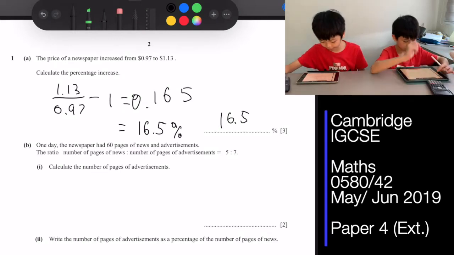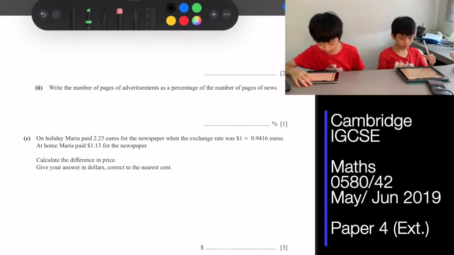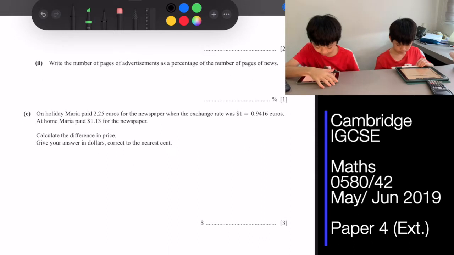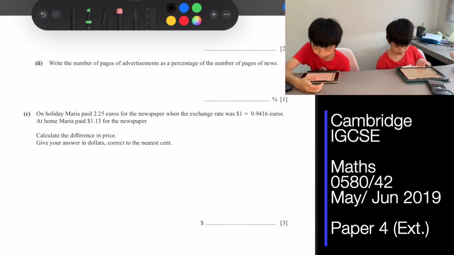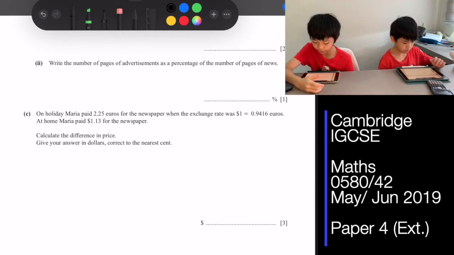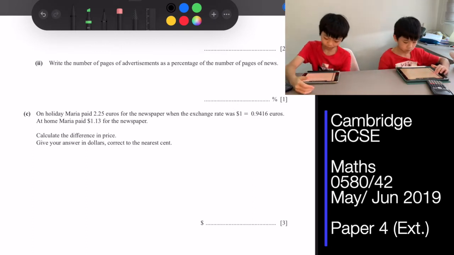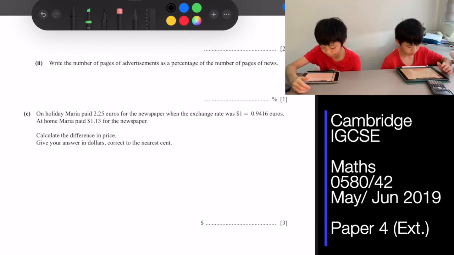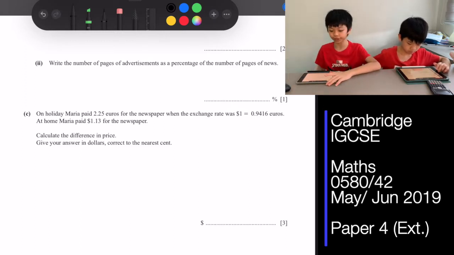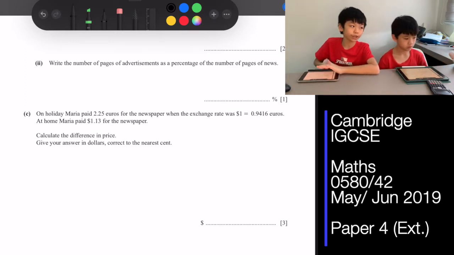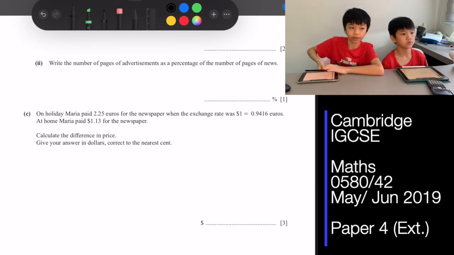Alright, so for our next question. On holiday, Maria paid 2.25 euros for the newspaper when the exchange rate was $1 is 0.9416 euros. At home, Maria paid 1.13 for the newspaper. Calculate the difference in price. Give your answer in dollars. Correct it to the nearest cent. Alright, so the nearest cent is basically the nearest 2 decimal places.